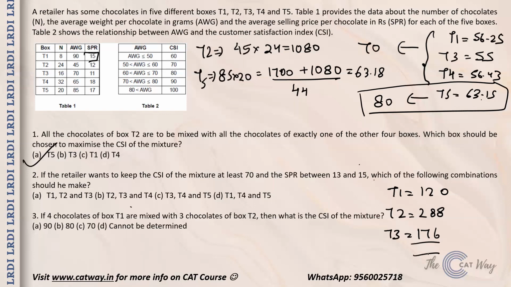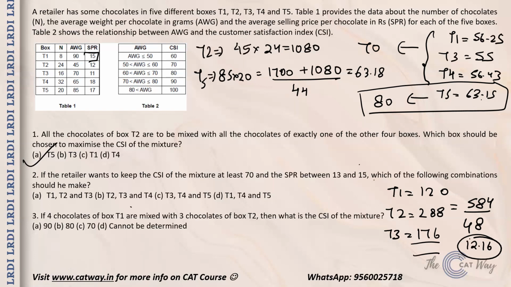Now the total selling price of all these together, when they are mixed, goes to 584. And the number of chocolates that you are selling now is 48. So the average selling price would turn out to be 12.16. Okay, the average selling price of the mixture will turn out to be 12.16.